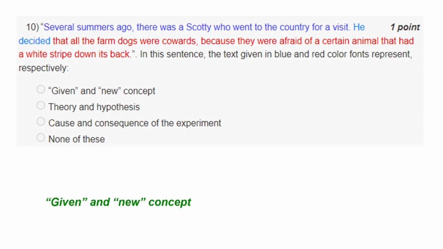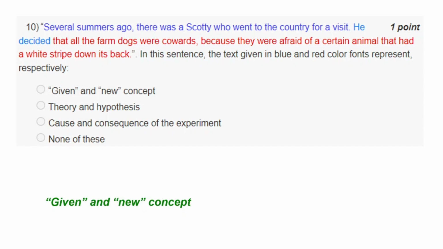So you thought that he hypothesized that they were afraid because they had seen someone similar, and that's why. So that might be, but I think the key word here is he decided, because he's not forming any kind of hypothesis. That's why given and new concept might be a better option, because you see he decided.